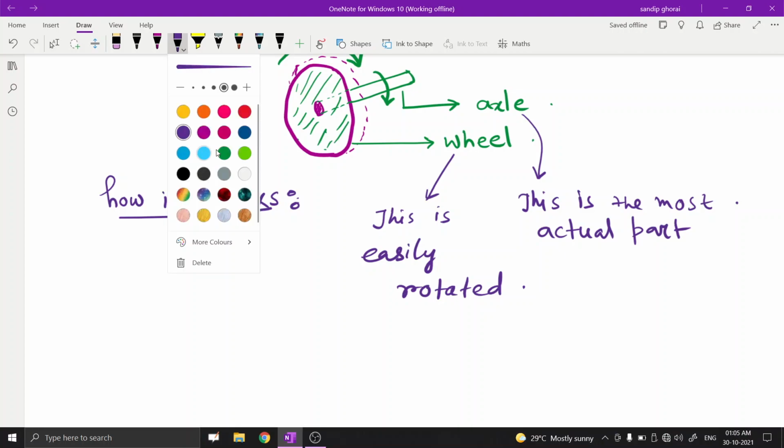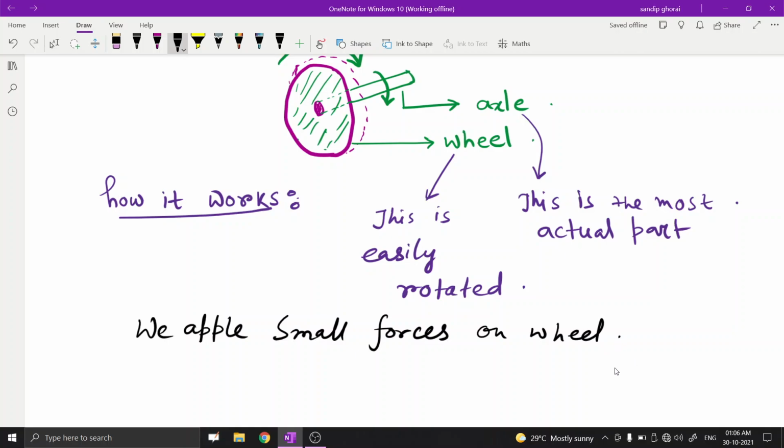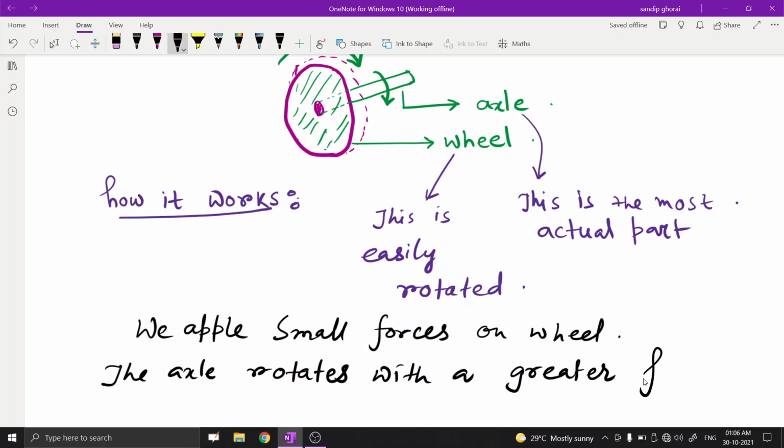We apply small forces on the wheel, and the axle rotates with a greater force. That is why the wheel and axle works.